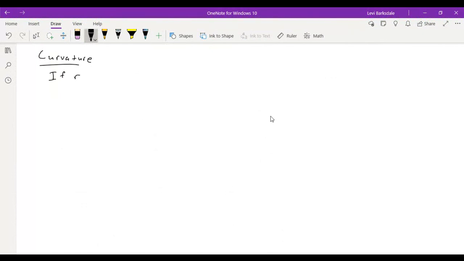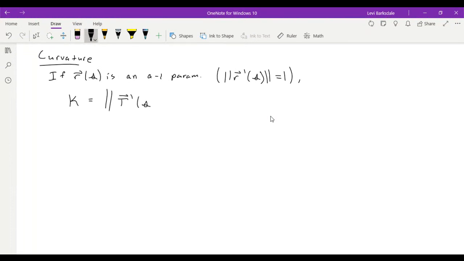So if r of s is an arc length parameterization, I'm just going to abbreviate it like this, and it's an arc length parameterization if the magnitude of the first derivative is equal to 1, then the curvature, k, represents curvature, is equal to the magnitude of the derivative of the tangent vector.